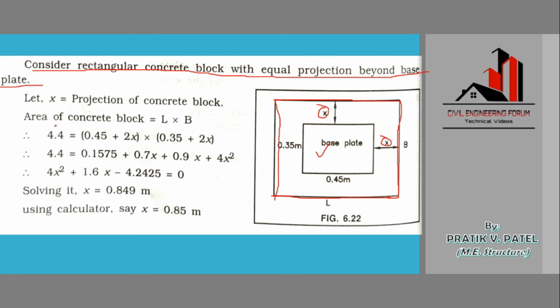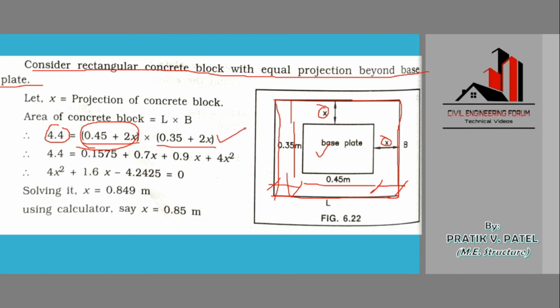So area is equal to length into width. Now length is 0.45 plus 2x, so 0.45 plus 2x, into width, that is 0.35 plus 2x.